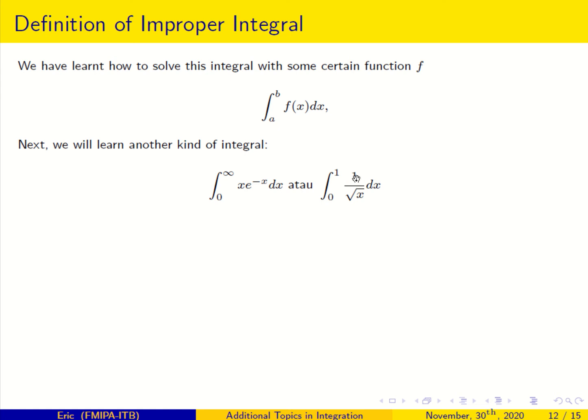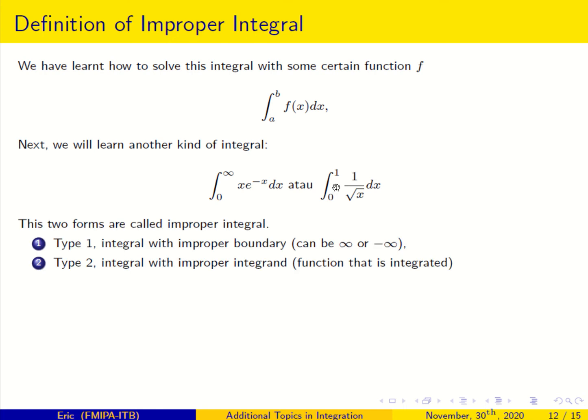Because the integrand will become larger and larger or smaller and smaller when it goes to some value between 0 and 1. Okay, but we just want to learn about type 1 problem. For type 2, it will be discussed in another course, but not this course.